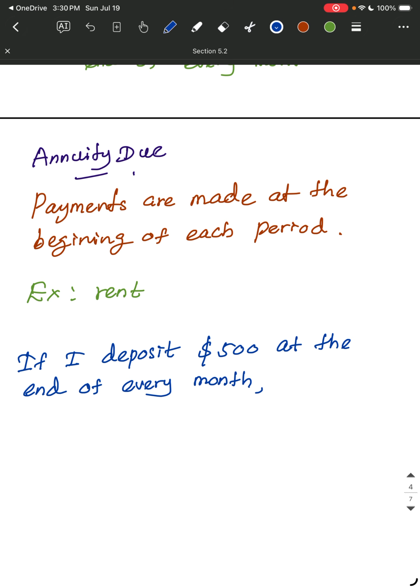This should be an ordinary annuity, at the end of every month, right?